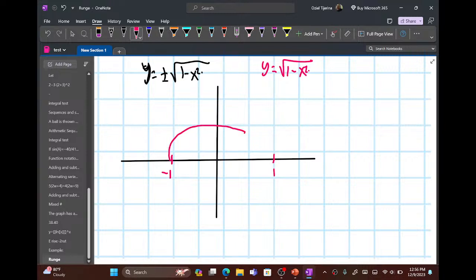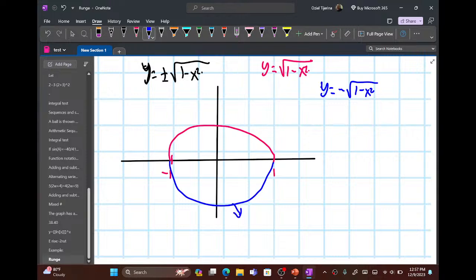It's going to look something like this, just a rough sketch. But if I do the negative, it's going to look like this.